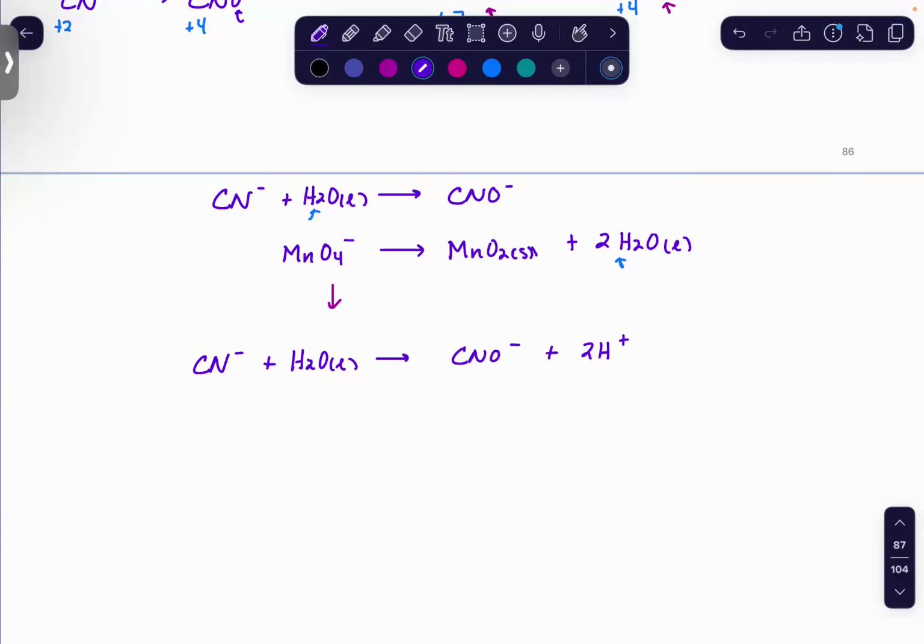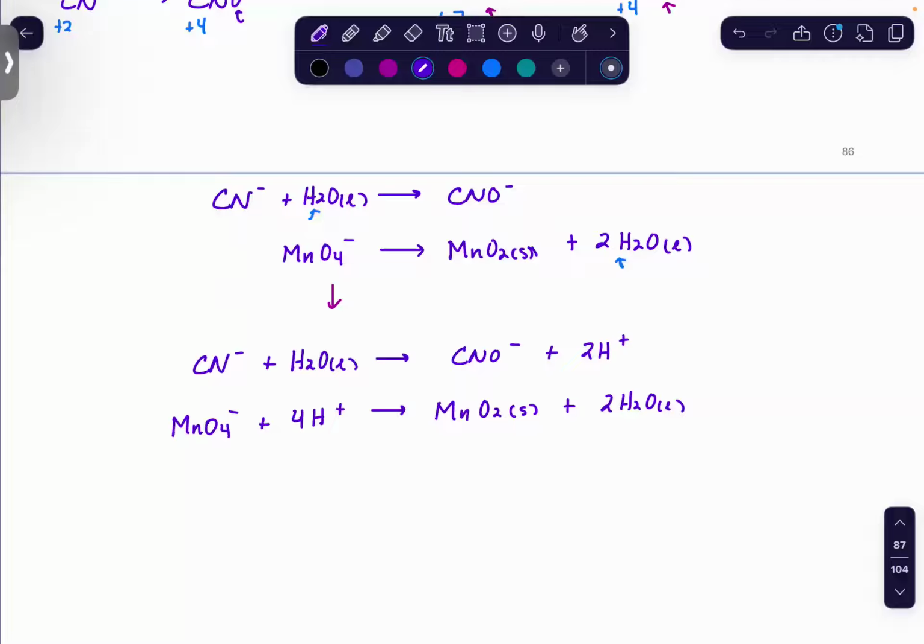Now for the permanganate, the manganese half reaction. There's my permanganate, plus the four protons that I need. Manganese 4 oxide, plus the two waters. All right, now oxygens and hydrogens are balanced.